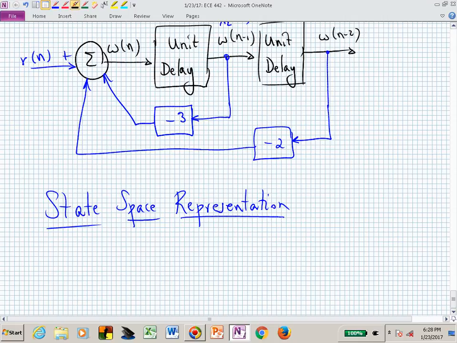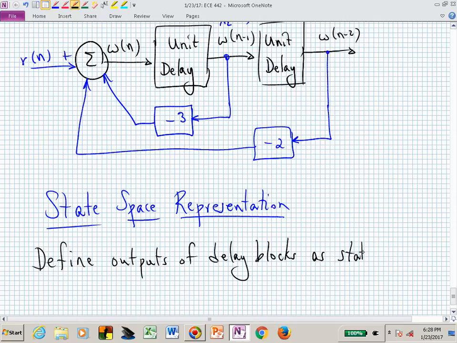Meaning, to find a state space representation, we simply define outputs of delay blocks as state variable components, where component 1 we're calling x sub 1, and component 2 is x sub 2.